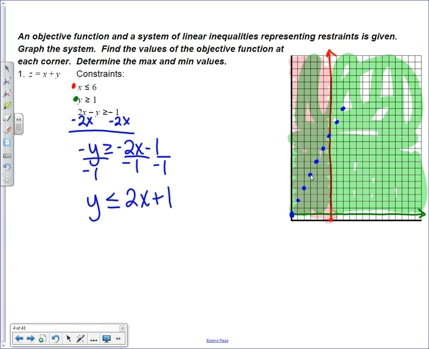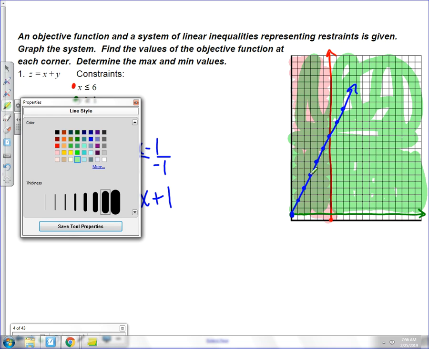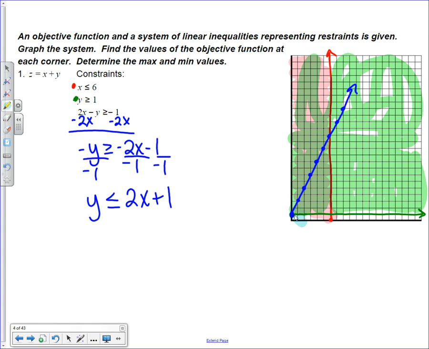And this line will also be solid because of that equals bar. And it looks like that's a less than symbol, so I need to shade below this thing, which would be down here.